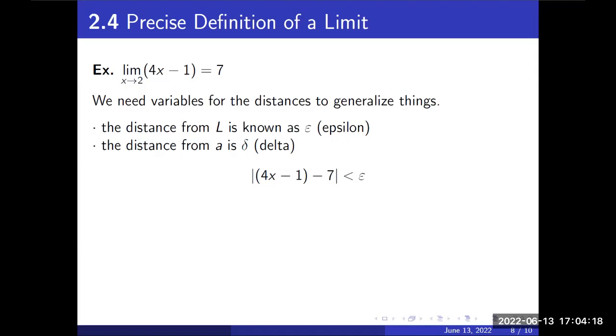We're going to call the distance from L, let me just read it, is known as, that's a Greek letter, epsilon. That's the lowercase epsilon. The distance from A, the A is where x is approaching, the distance from that number is delta. There's a lowercase delta.